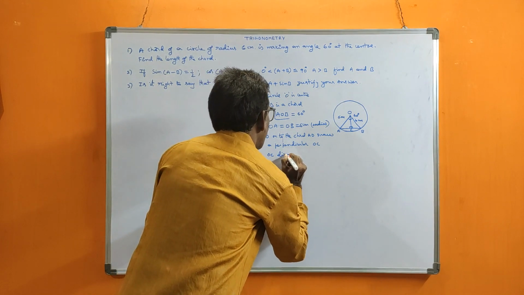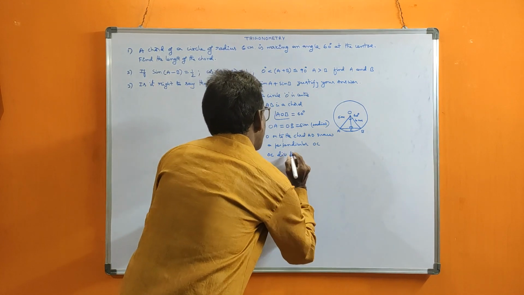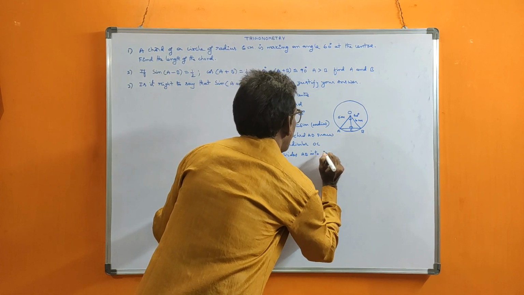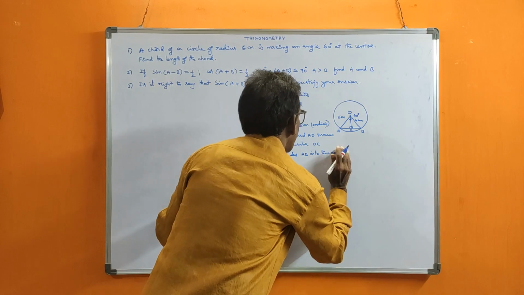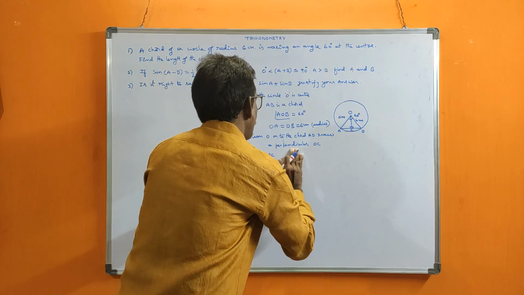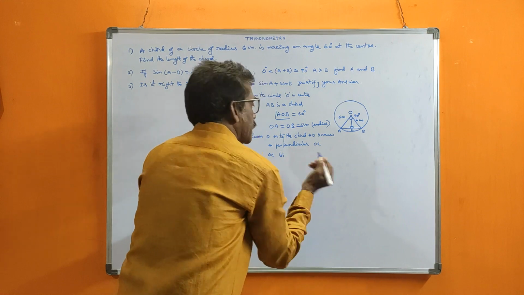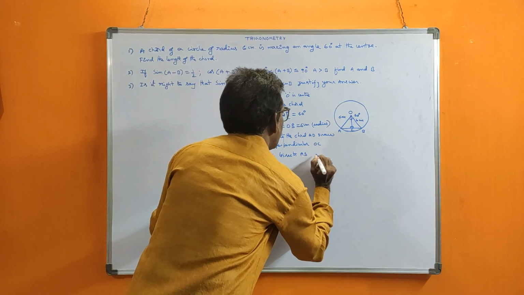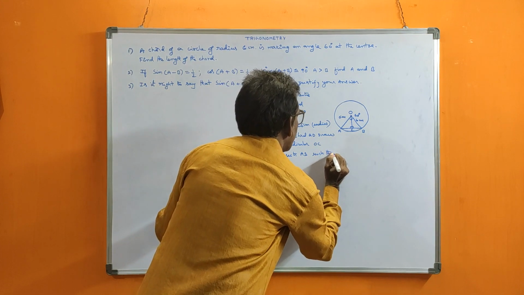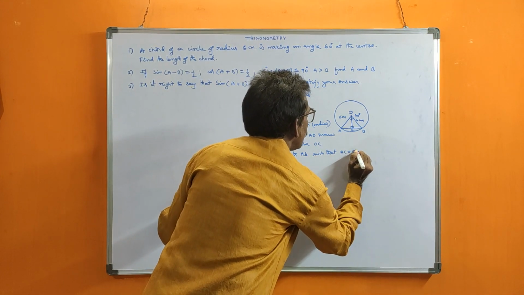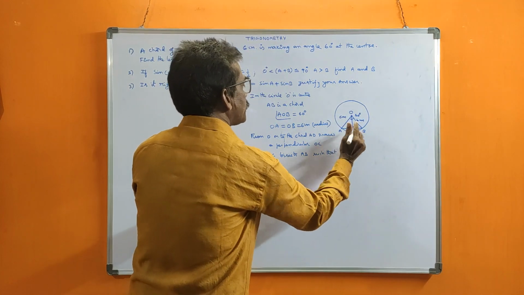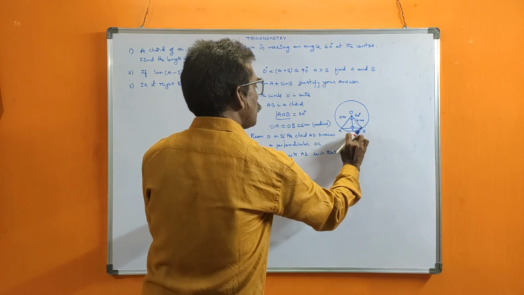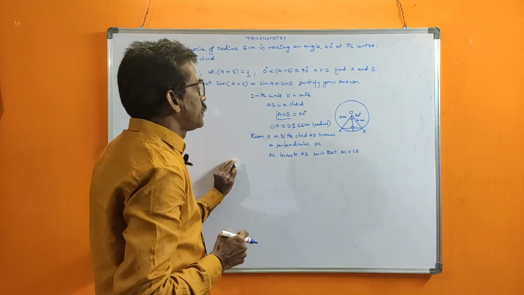OC divides AB into two equal parts, otherwise it bisects. OC bisects AB such that AC is equal to CB. Bisects means equal parts only. So AC is equal to CB or BC.